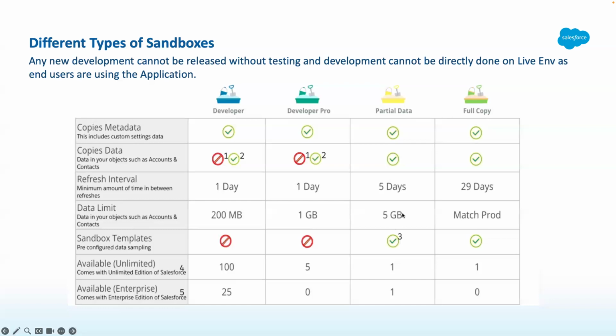Now, if I have a full copy, why do I need partial data? Partial data helps you when you have too many complex processes based on data migrations and you need a way to evaluate them. There are data related defects. So if you do not have the exact same copy of the data, I may not be able to reproduce that and then fix it.